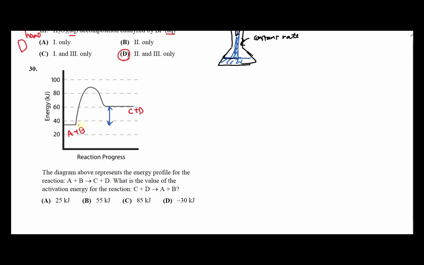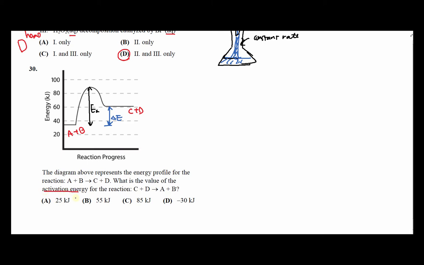The energy in between is delta E, and the hill that this reaction needs to overcome is the activation energy, and that's what they're asking here, activation energy.